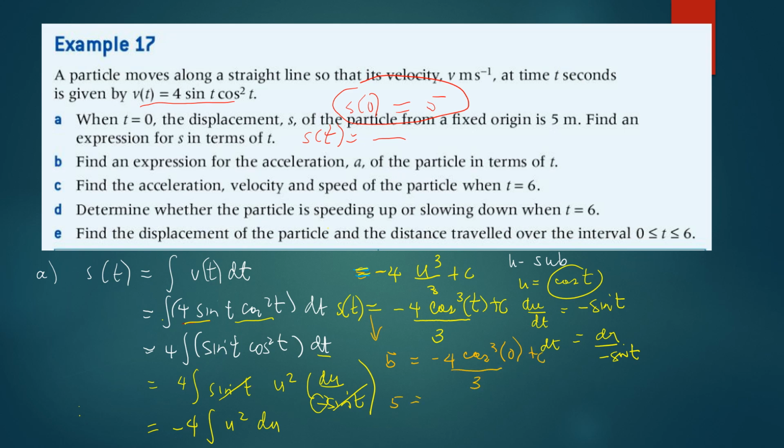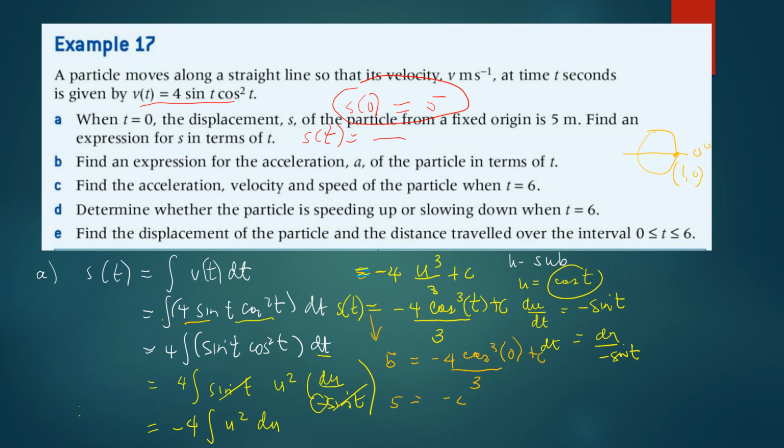So we have 5 equals, what is cosine 0 degrees? It is in the first quadrant. Okay, this is your 0 degrees and the coordinates are 1 and 0. So it's not in the first quadrant, it's quadrantal.